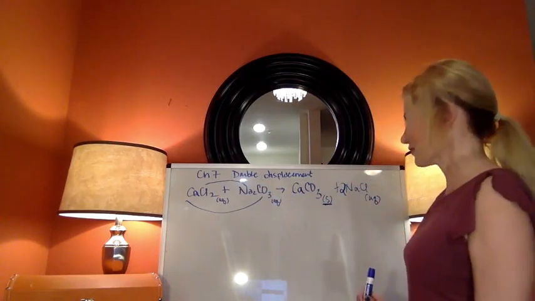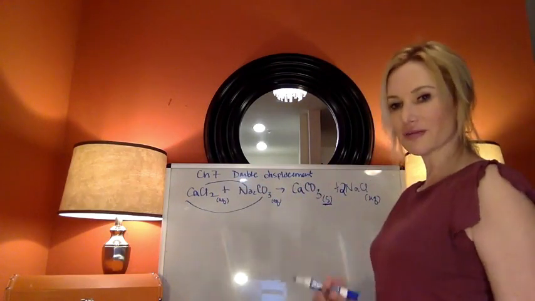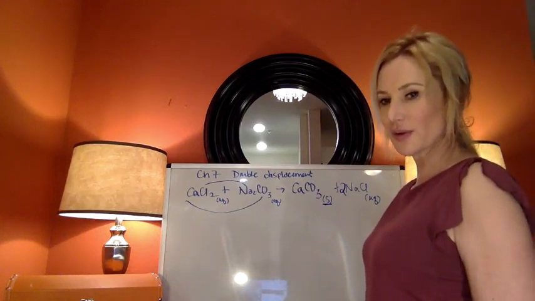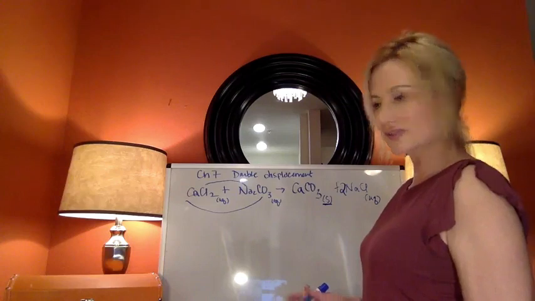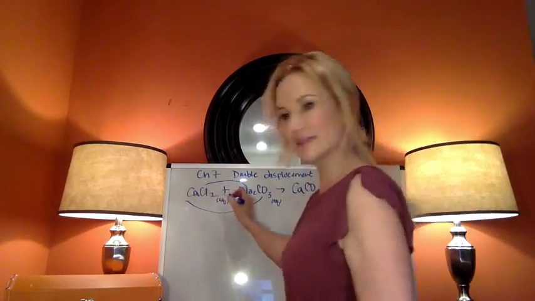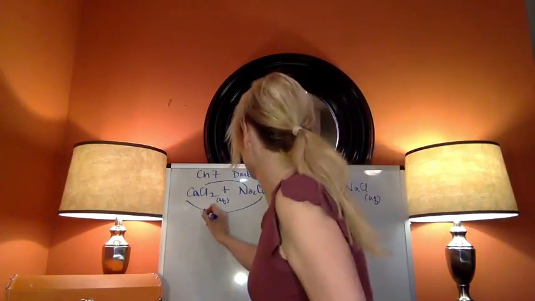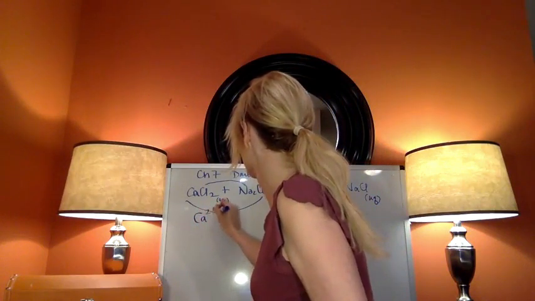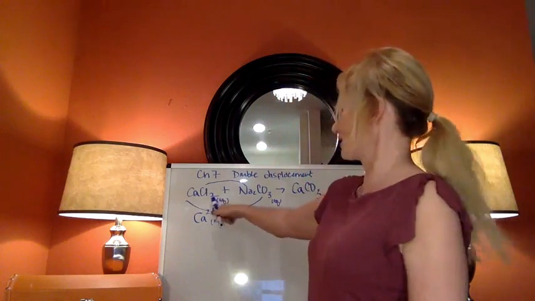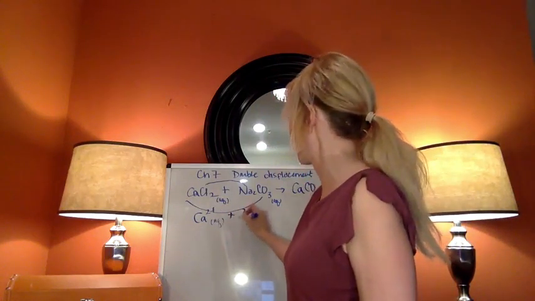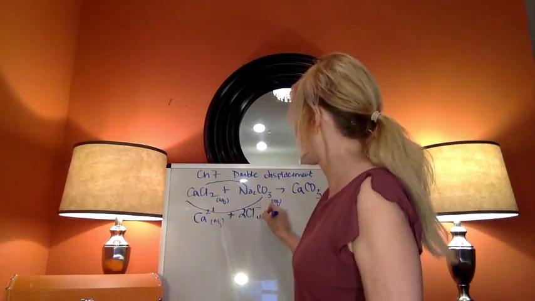Now, if they asked for my ionic equation, everything that's AQ gets pulled apart into its ions, and you write an AQ next to the ion. So calcium chloride is AQ. So I'm going to do calcium, its charge, AQ. Chloride, now notice the chloride does have 2, but when you pull it apart, you put the 2 in front.